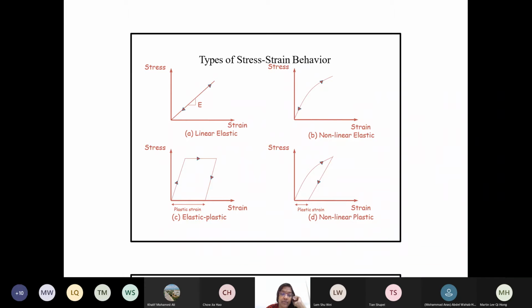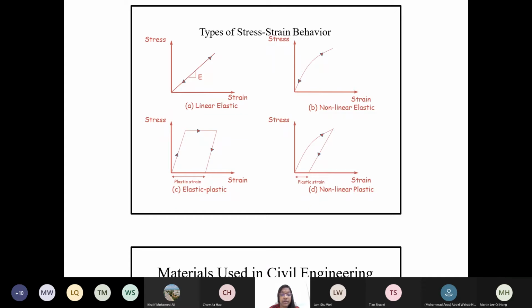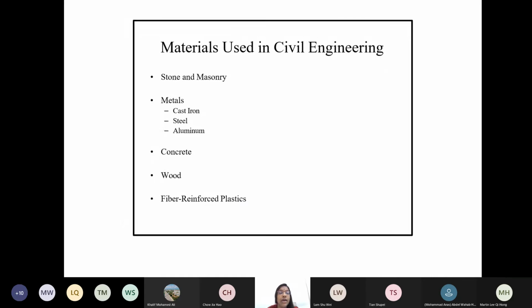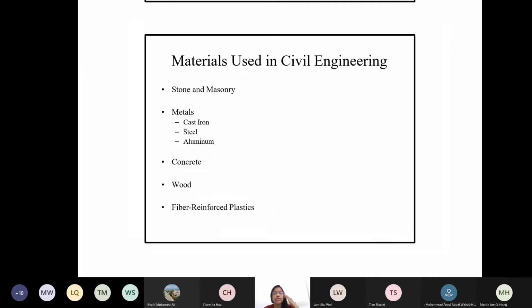Quick. Just make a guess, I will correct it. I leave it for you to study. Okay, I give some time. The next one will be, okay, I finish all, then you answer me. Maybe I can give more information on this. The materials used in civil engineering, you can base on this also.